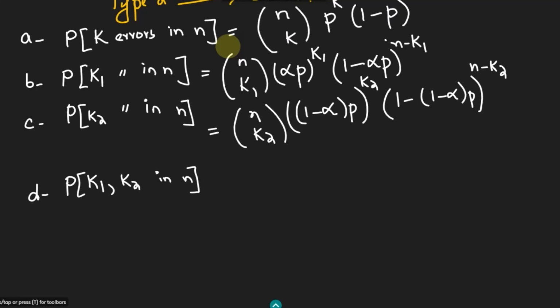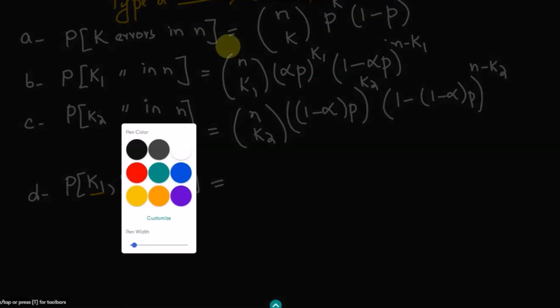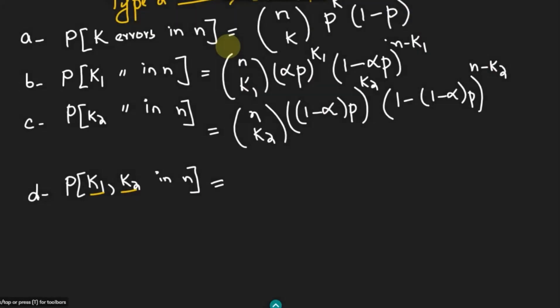There we have two categories, k1 and k2, which are the two categories of error, and we also have a third category, that we will have no error. We also note the probability of no error, and that is 1 minus p.